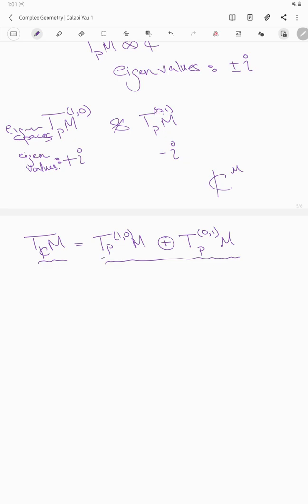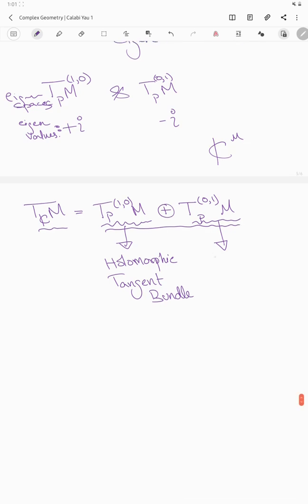Now, this first one specifically is known as the holomorphic tangent bundle, right? And this other one is known as the anti-holomorphic tangent bundle, right?